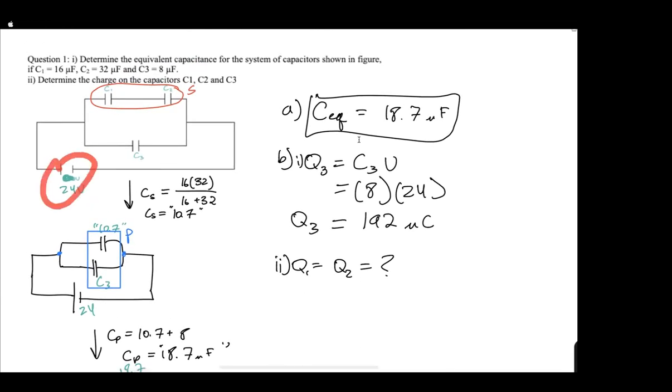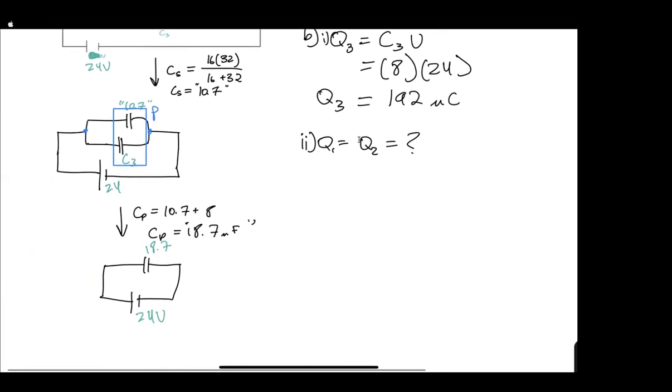Okay. So we don't know what those two are equal to, but we do know the voltage drop across this one right here. It is equal to 24. So as two that are in parallel, we know that they're also made up of that 24. So working all the way backwards, now all we need to do is multiply that capacitance value, that C1 and 2, times 24.